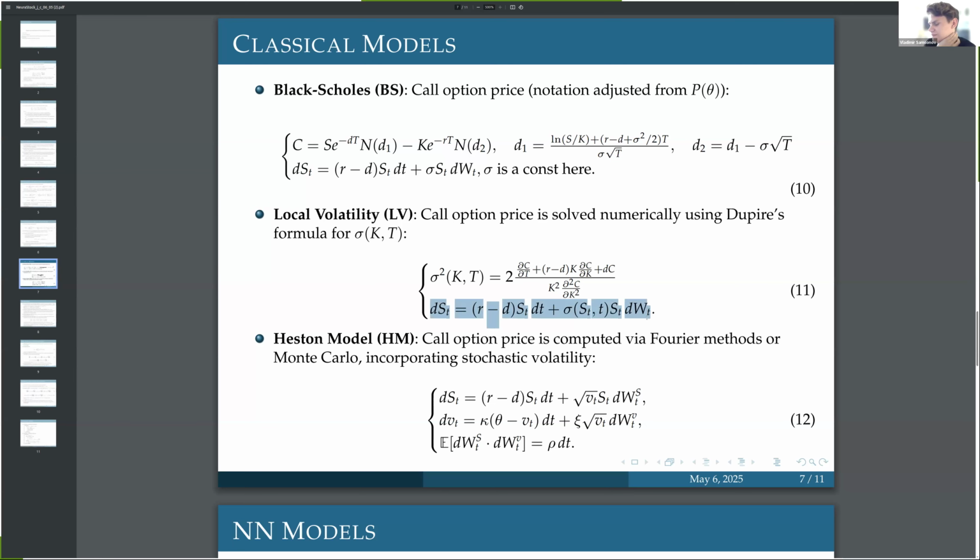You have this stochastic process, and you have the corresponding Fokker-Planck equation. But sigma is a fixed function in the Fokker-Planck equation. You don't solve for it.